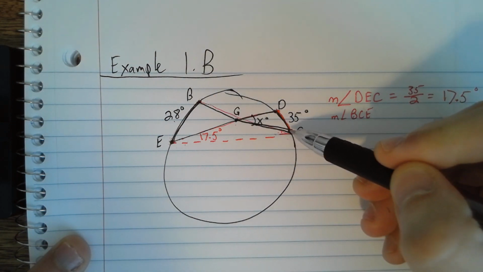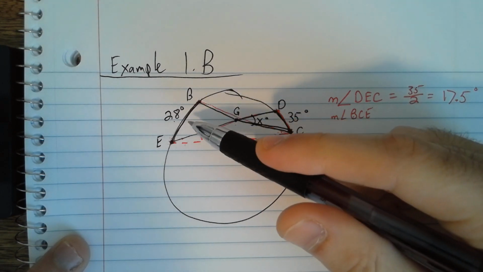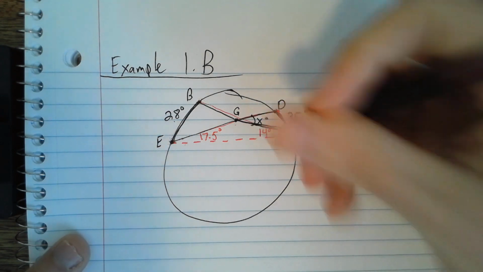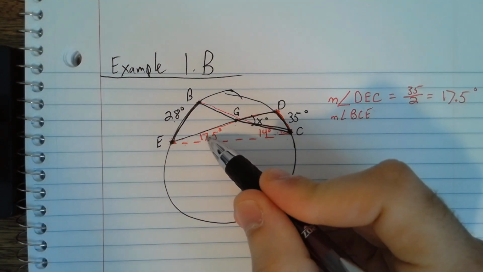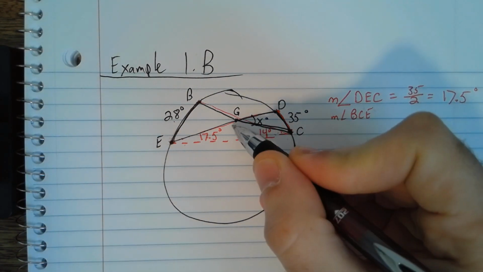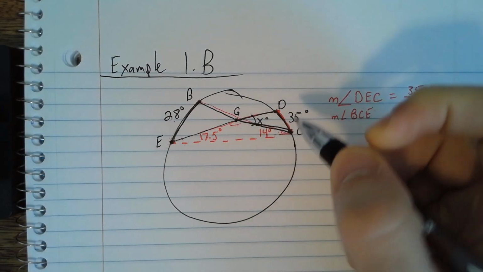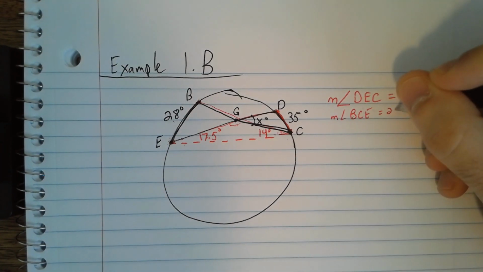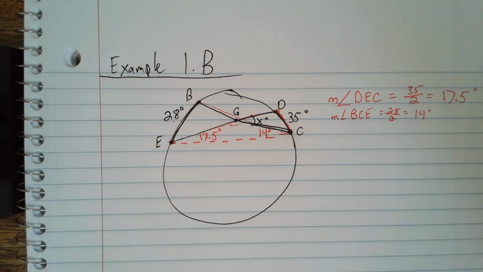So BCE is half of 28, which ends up being 14 degrees. So we've got this angle, and we've got this angle. That's all you need to solve for the third angle of this triangle that we drew. Let me put this down: 28 divided by 2 is equal to 14 degrees.